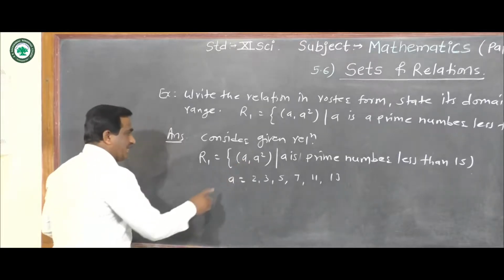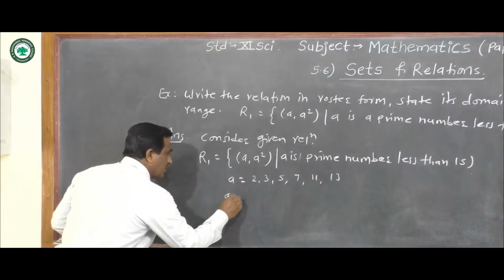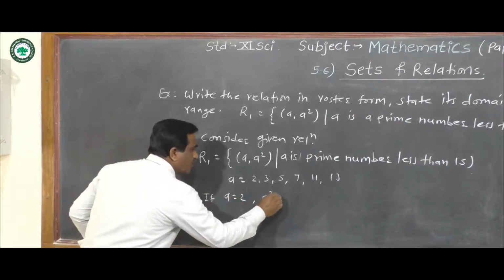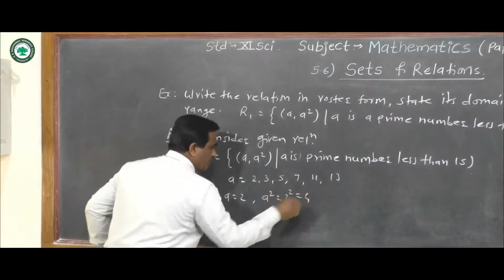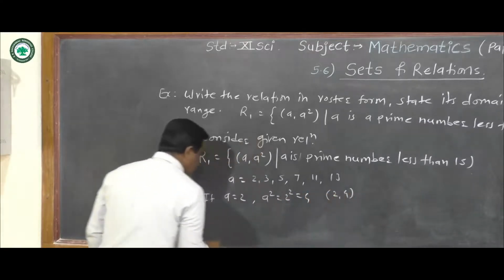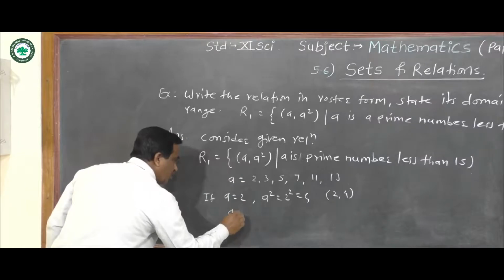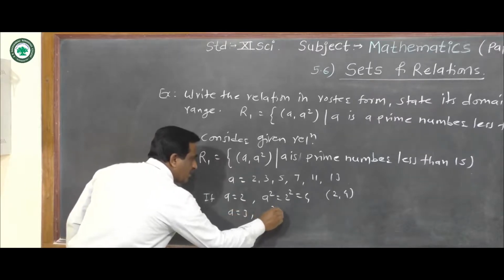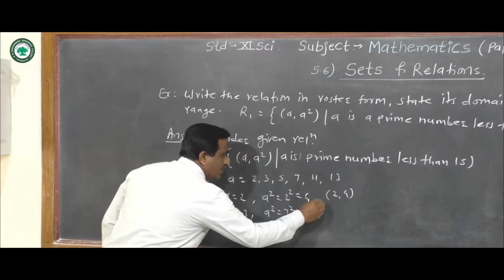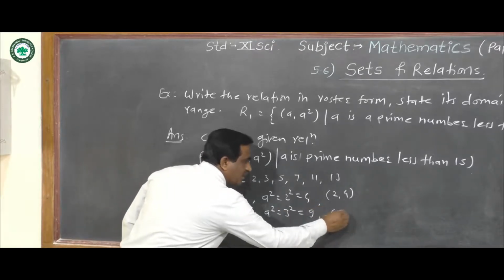First we take A equal to 2. If A equal to 2, then A square equal to 2 square equal to 4. That is the first ordered pair 2, 4. Second value A is equal to 3, A square equal to 3 square is equal to 9. We get the second ordered pair 3, 9.